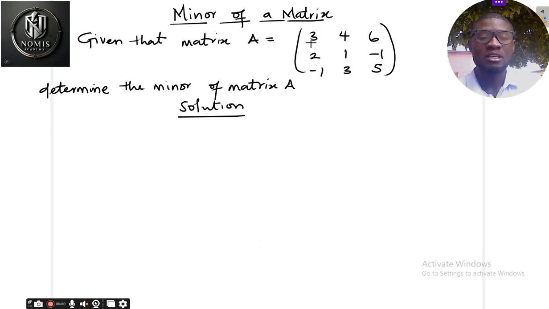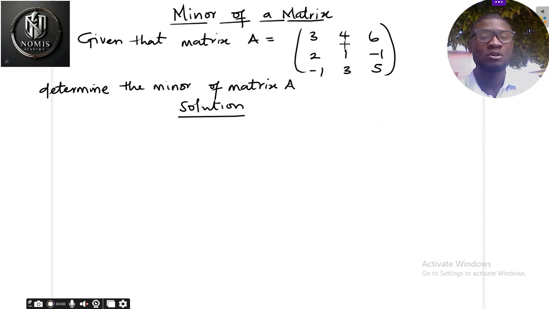Remember that an element can be identified by the matrix name, and the row and the column it belongs to. This is the position of A11, meaning matrix A in row 1 and column 1.